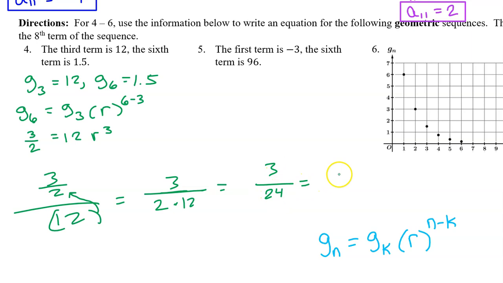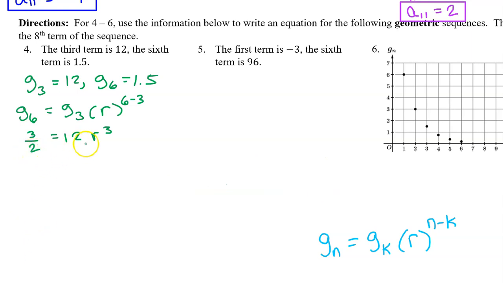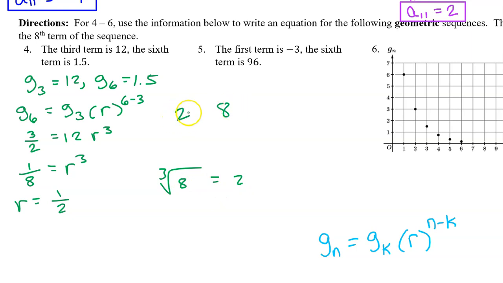And 3 over 24 reduces down to, 3 goes into itself once, and 3 goes into 24 8 times. So dividing both sides by 12, I'm going to get 1 over 8 is equal to r to the third power. Taking the cube root of both sides gives me r is equal to 1/2, because the cube root of 8 is 2, because 2 to the third power is 8.